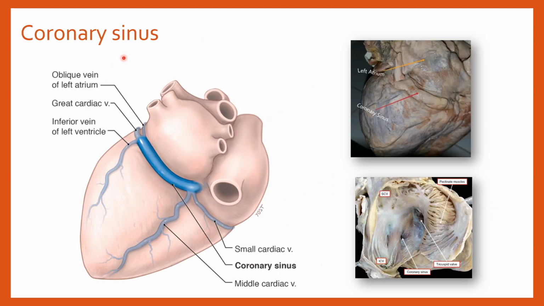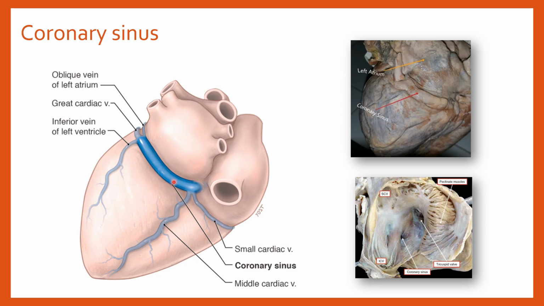Let's now understand the coronary sinus. This coronary sinus is a wide venous channel, about 2 to 3 cm long, situated in the posterior part of the atrioventricular groove. It begins in the left part of this atrioventricular groove, where it receives the great cardiac vein, and then passes downwards and to the right along the posterior part of the atrioventricular groove.